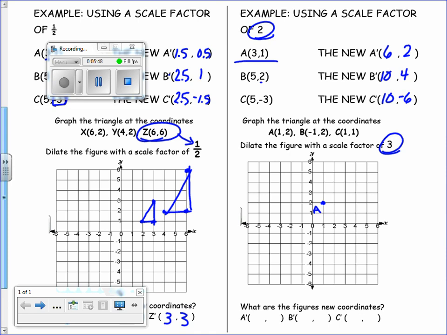So I have B, which is negative 1, 2, and I have C, which is 1, 1. So we have a nice right triangle, ABC.